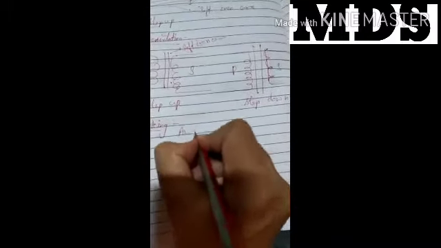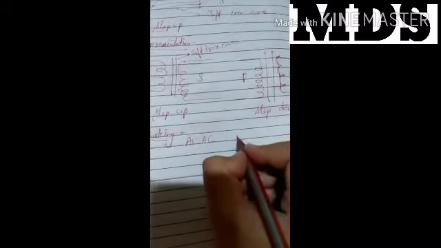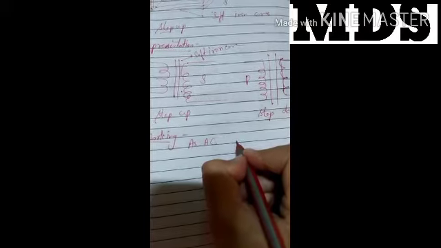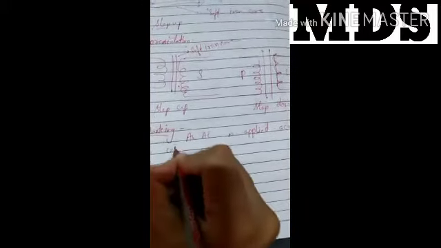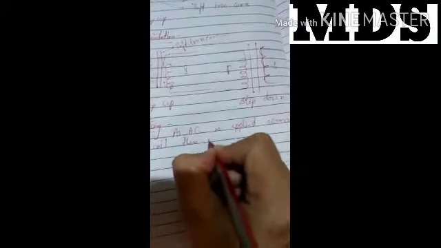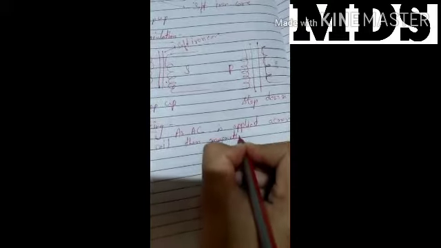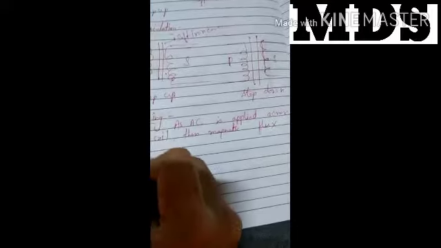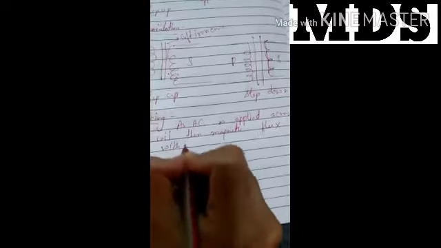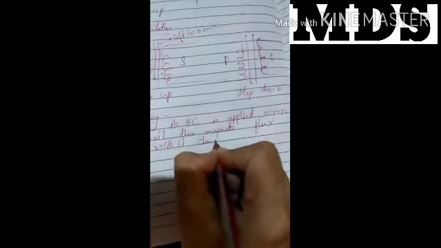Here, as AC is applied across the primary coil, the magnetic flux linked with it changes.